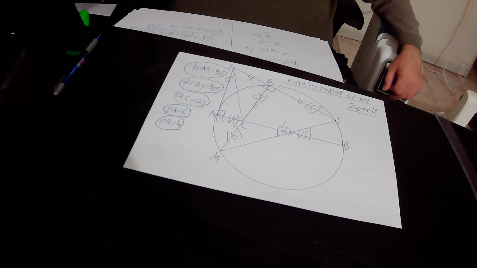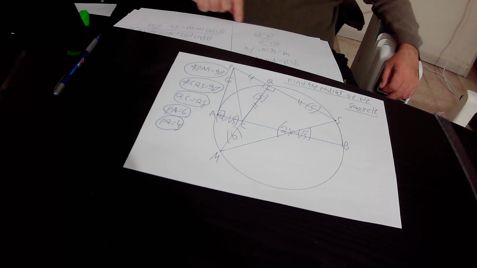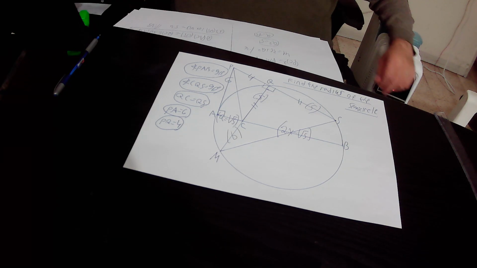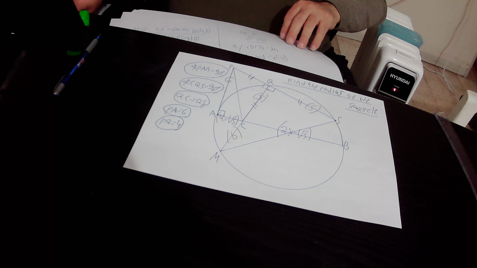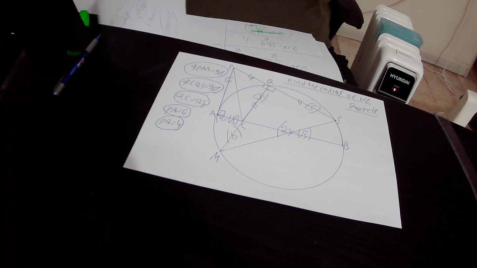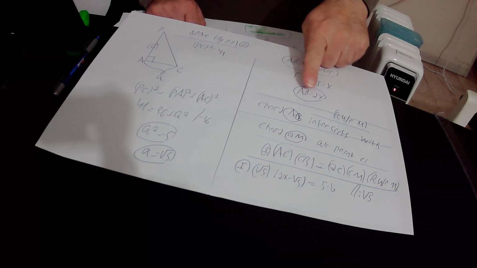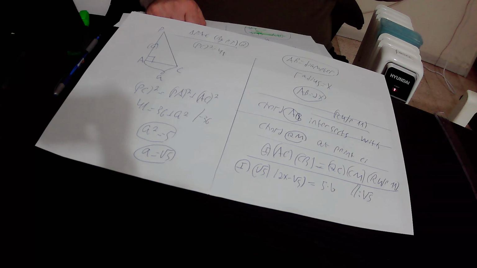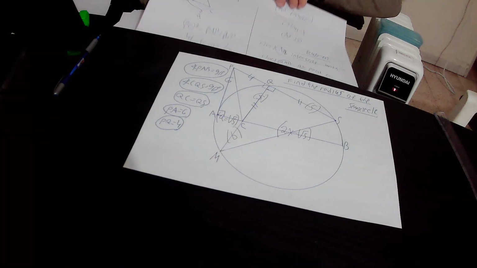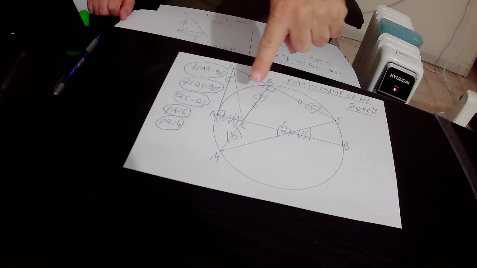Why? Because in our drawing we have chord AB that intersects with chord QM at point C. Therefore, according to rule number 11, we get that AC times CB equals QC times CM.